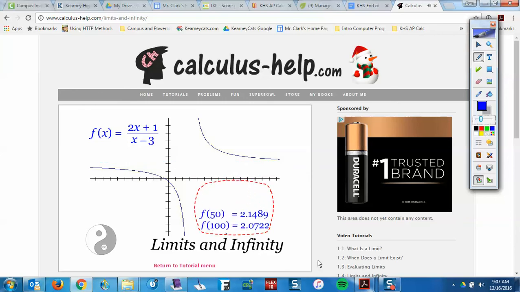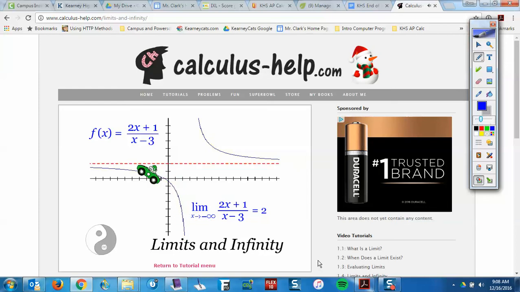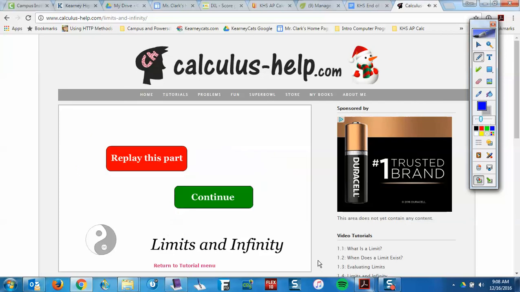As x gets larger, f gets closer to 2. Now, mathematically, this means that the limit as x approaches infinity of f equals 2. By the way, the limit as x approaches negative infinity of f also equals 2. As we travel left along the x-axis, the function approaches the same height.